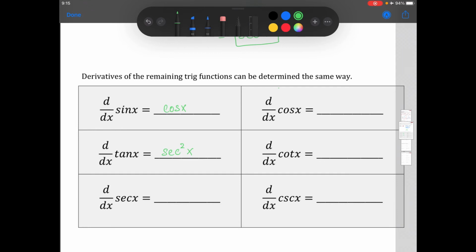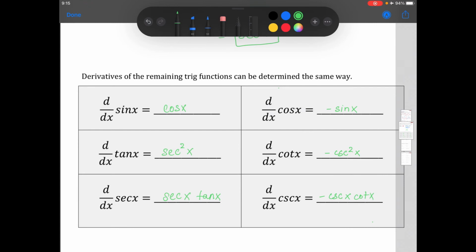The derivative of secant x is, it's not tan x, please don't be, it's secant x times tangent x. The derivative of cosine x is negative sine x. The derivative of cotangent is negative cosecant square x. And the derivative of cosecant x is negative cosecant x cotangent x.